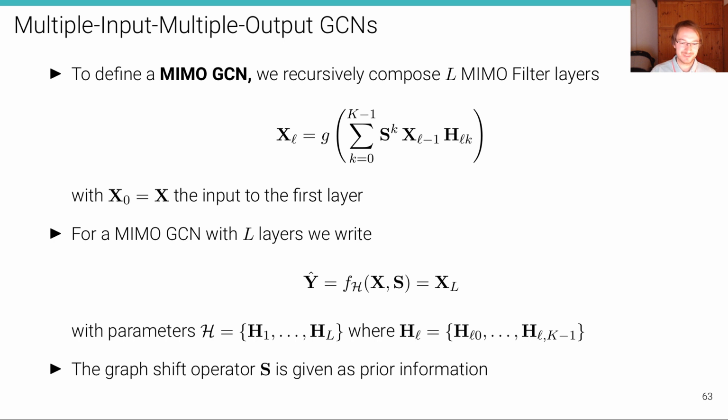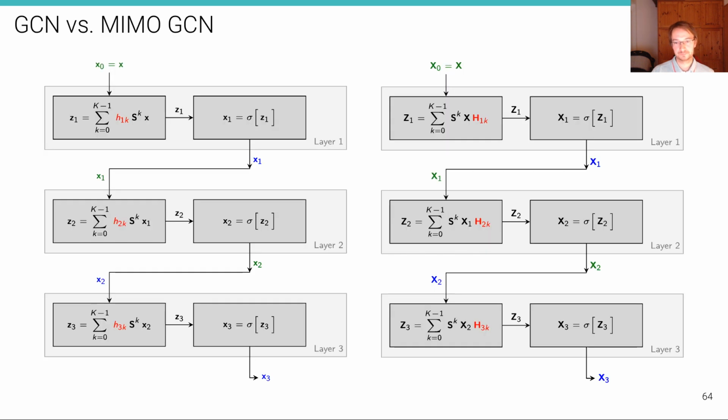And the graph shift operator again is just occurring once and is given as prior information. It's the same over all the layers. So here we have a comparison of the first, simpler GCN we saw and the MIMO GCN. You can see that the operations are almost the same, except that we have replaced the scalar h with a matrix H, and that the input and the output are now matrices and not vectors anymore.